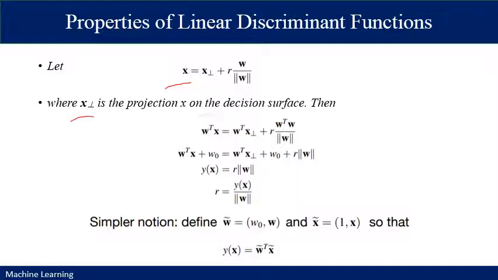Here this variable is the projection of x onto the decision surface. We multiply both sides by w transpose and add the term w0 to both sides, making use of y(x) equal to w transpose x plus w0.